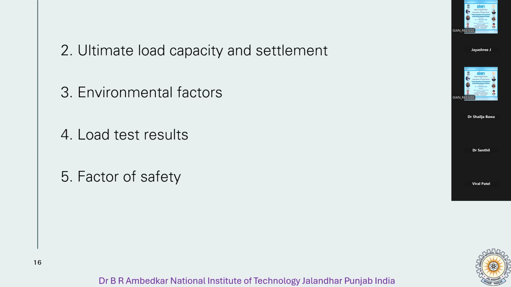Generally, the minimum factor of safety for such a load test is 2.5 as per IS 15284 Part 1, 2003. This code is used for the design of stone columns, or you can say how to use the stone column for improving or stabilizing the soil.